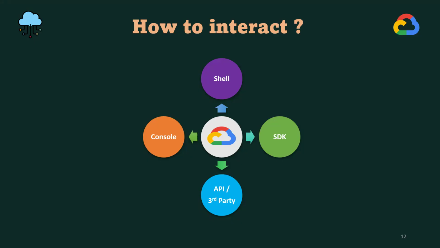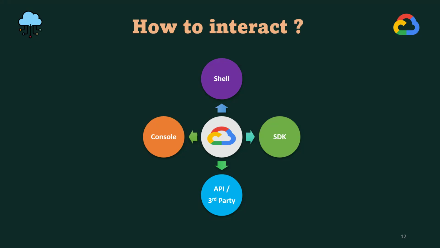To do the data engineering activities, if I wanted to store the data, I have to find a suitable service and use it. We have to interact with these services for storing, processing, analyzing, or visualizing the data. For all the data engineering activities, we are going to interact with these GCP services.